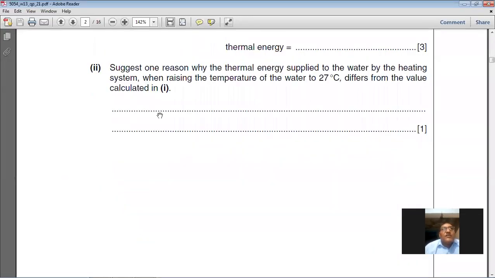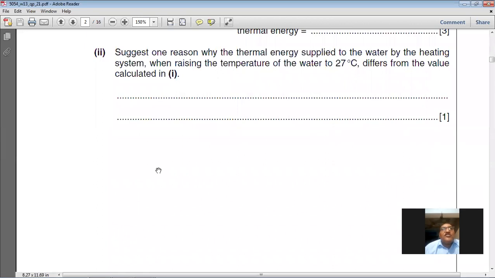The next question on your screen is suggest one reason why the thermal energy needs supplied to the water by the heating system when raising the temperature of the water to 27 degrees centigrade differs from the value calculated in the first part. So the value of the heat you calculated required to raise the temperature from 12 to 27 degrees centigrade is 2.8 exponent 10 joules.